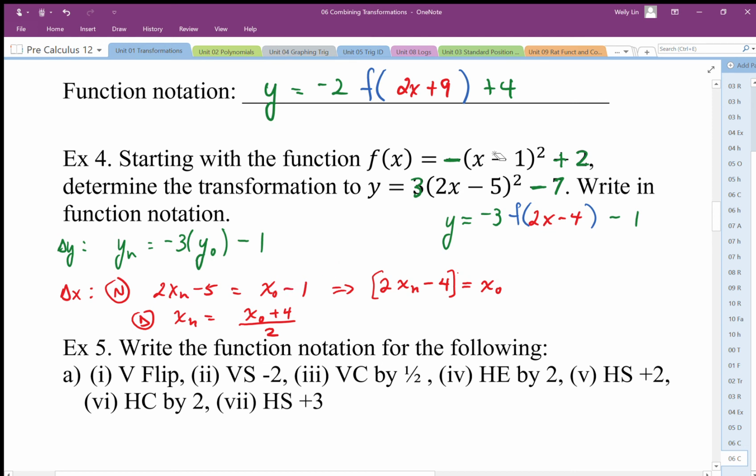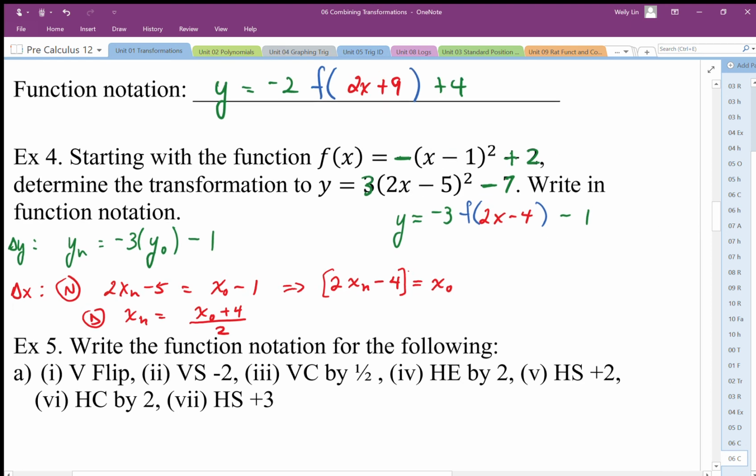This is going from old to new. So really, I want to know what can I plug into here to get me to here, or what can I do here to get back to the old x? And this is what it looks like. If I plug this into the f of x, I'm going to get this.